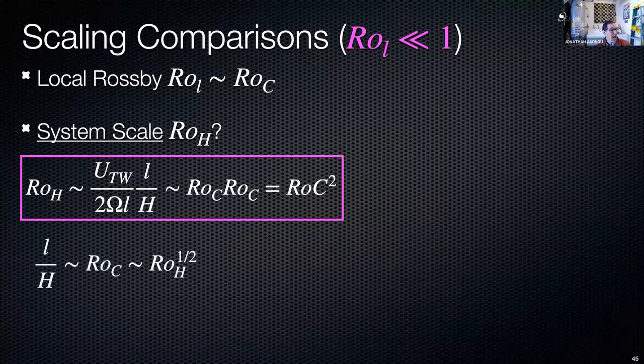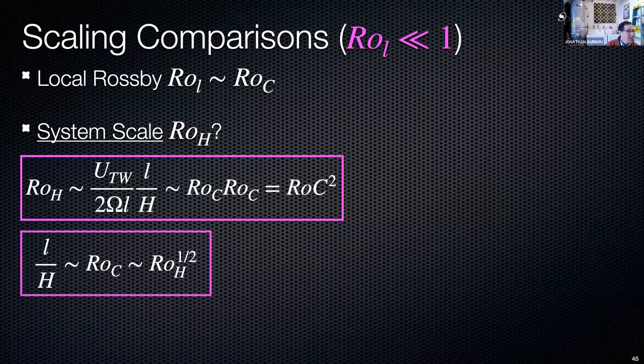Nice. Playing with that further, we can say L over H is proportional to the convective Rossby, but using the relation above, that means the length scale ratio should go as the large scale Rossby to the 1/2.